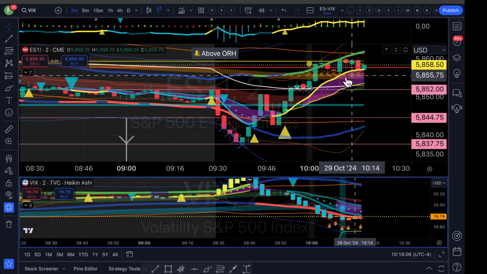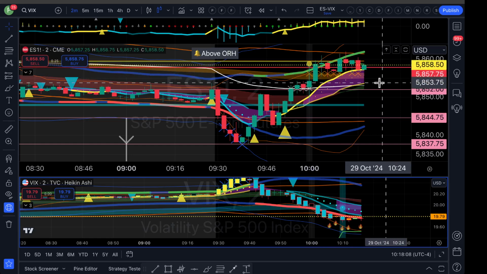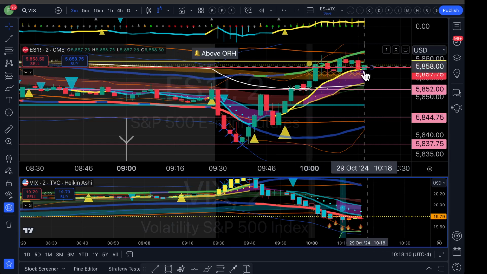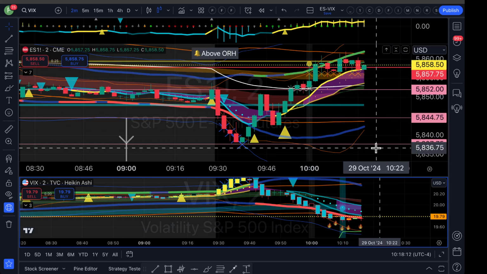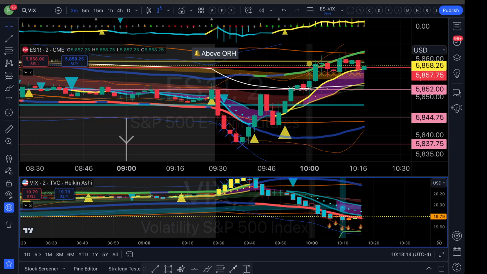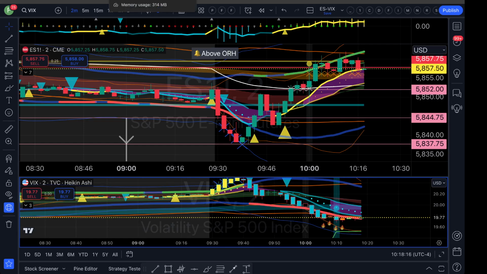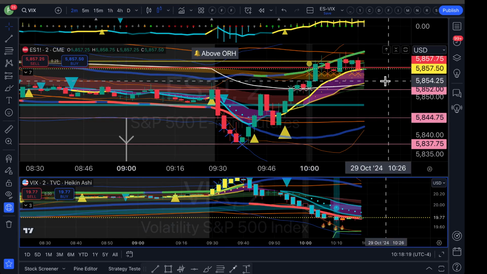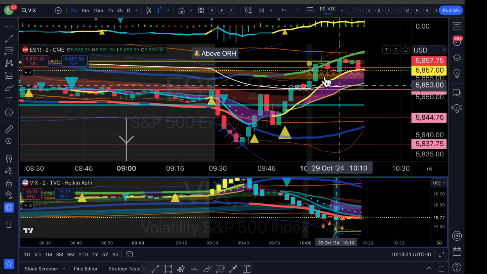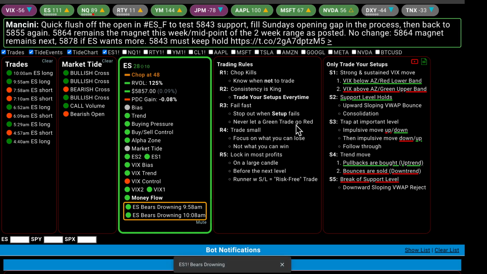So you could probably get into another long here if you wanted to. I'm not going to do that right now because I'm explaining how things work. But you see how well the stops are managed by Auto Trader. Now, if I go back here, this is the M2 interface.